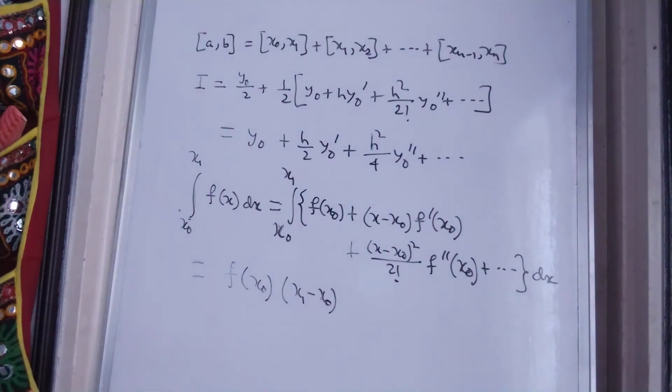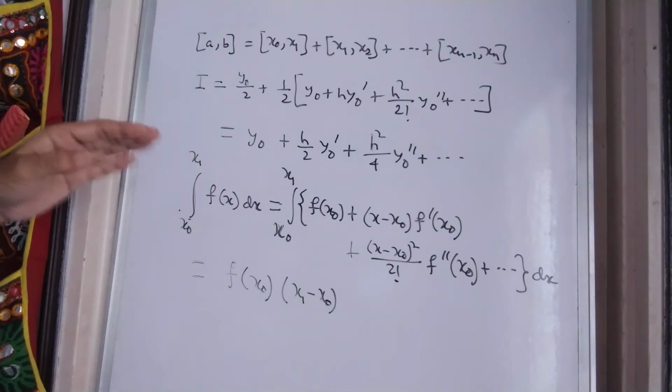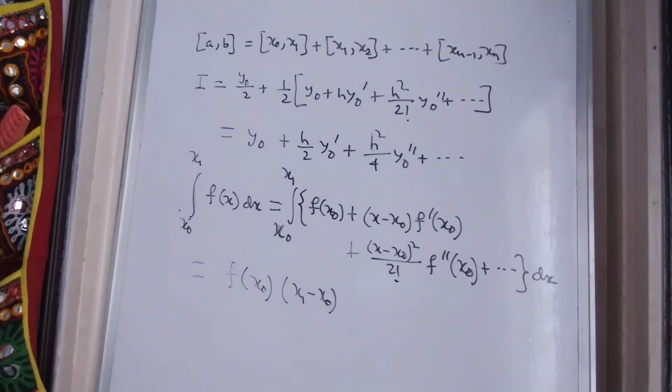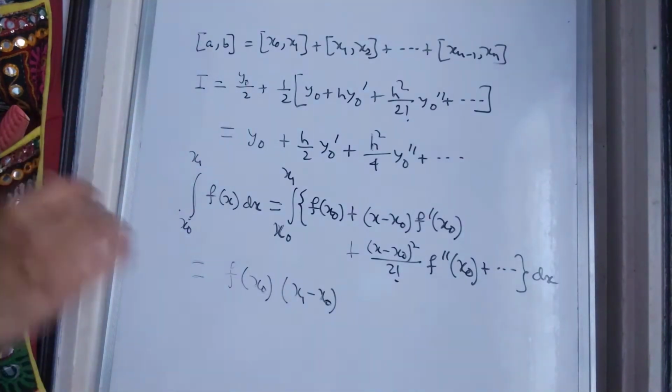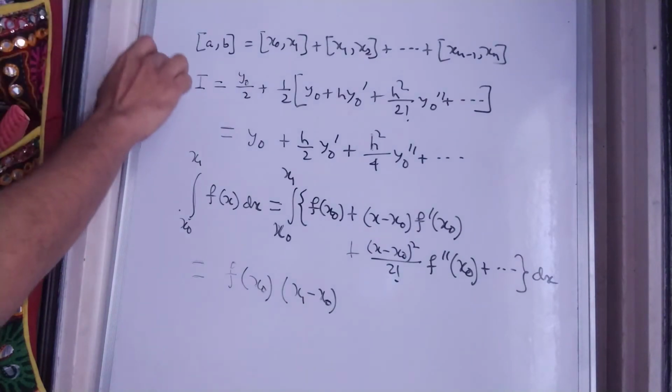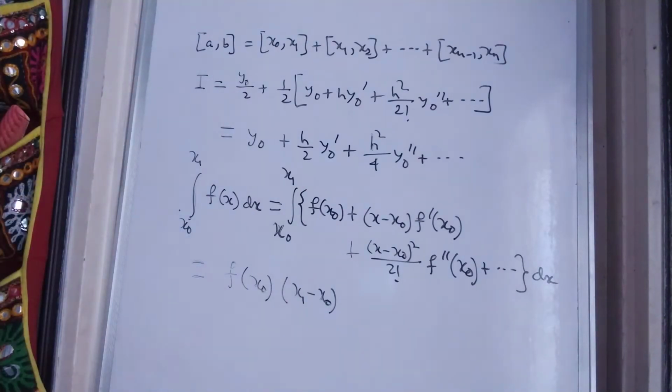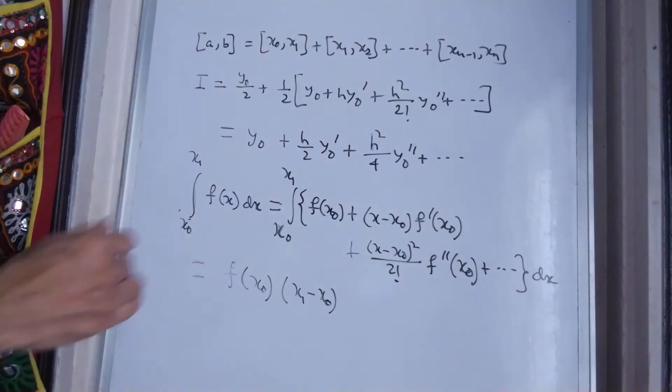I just want to repeat at this point actually what we are going to do. We are trying to evaluate the error involved in approximating the integral a to b f(x) dx by the trapezoidal rule. In trapezoidal rule, we know that we replace the general quadrature formula by n equal to 2.